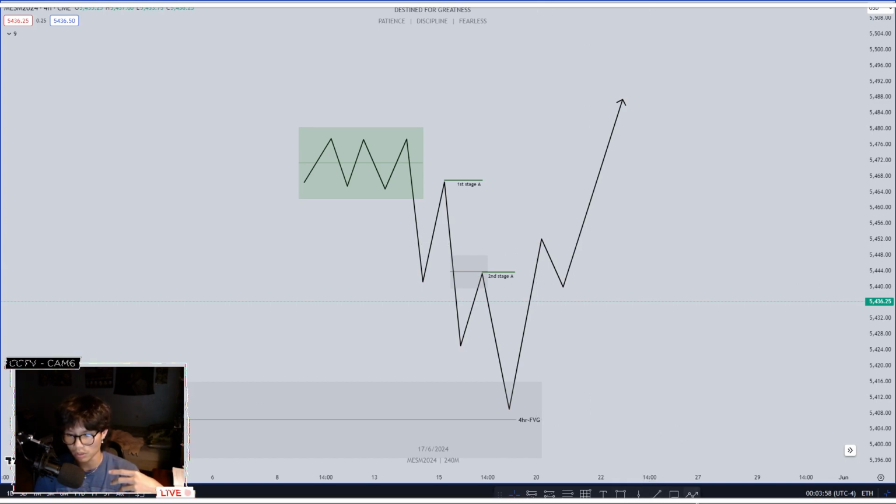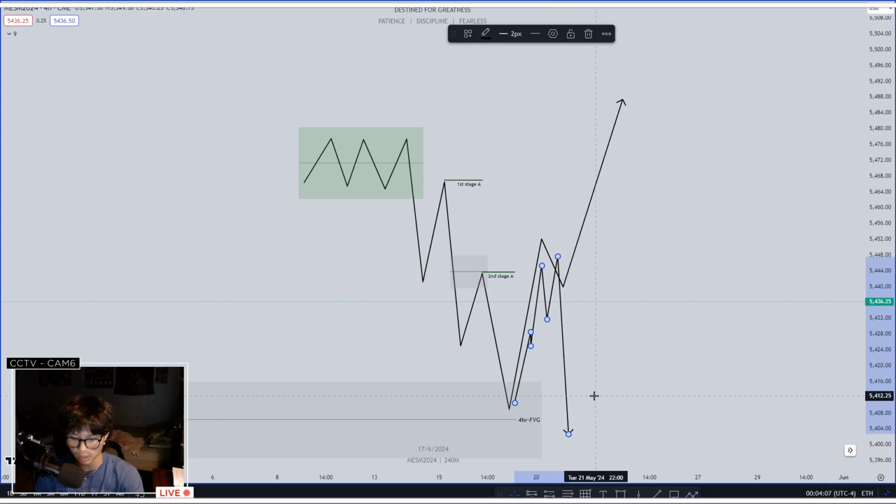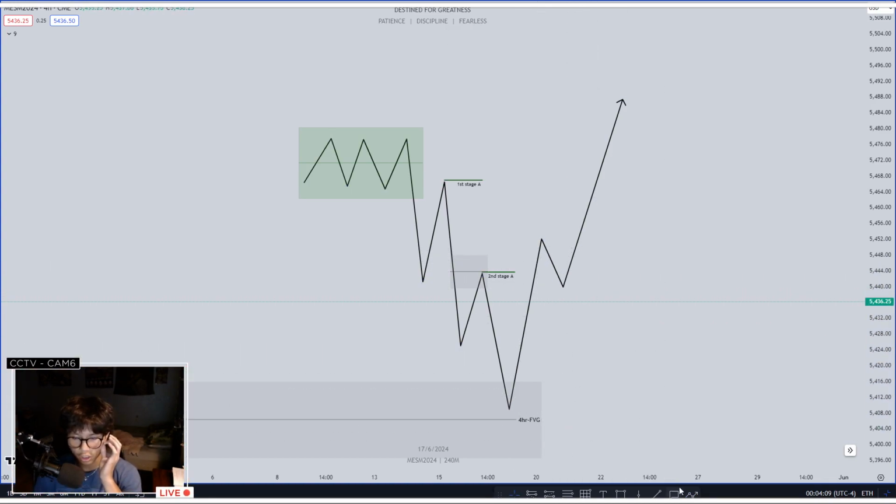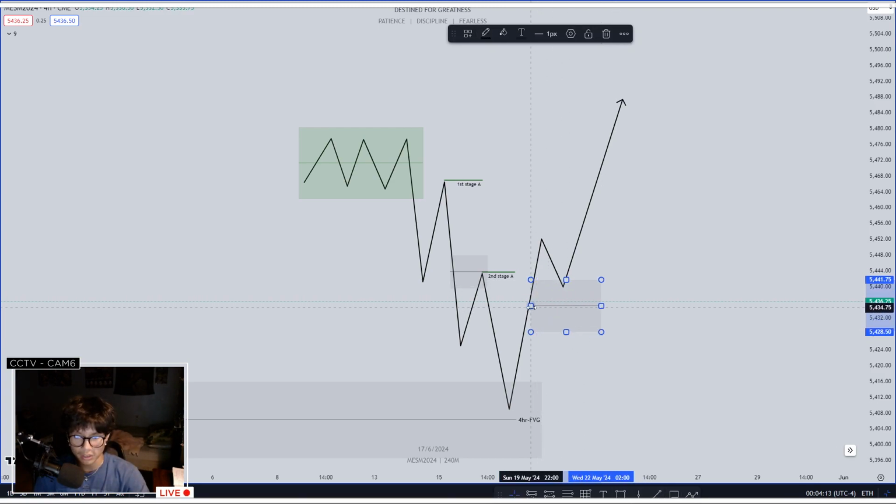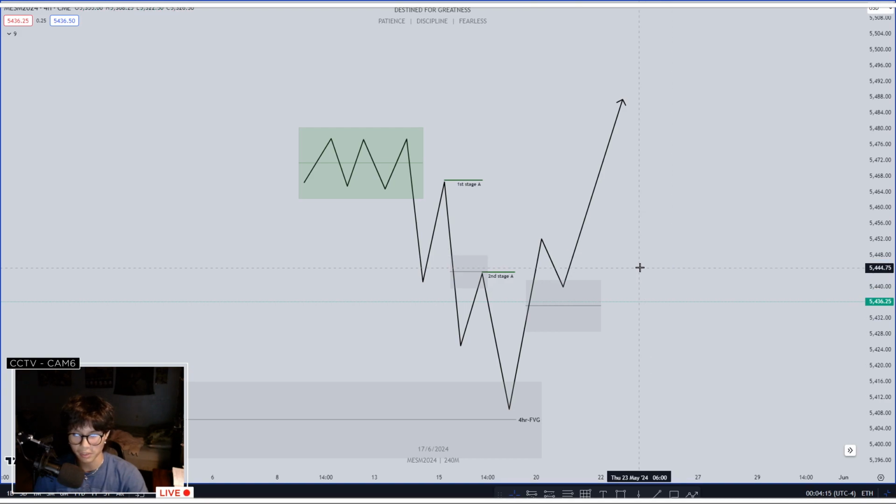Because I don't want price to just stall here, keep retracing, wick above it and continue lower. I want to see a close above it, and one of the things I also want to see is displacement away too.